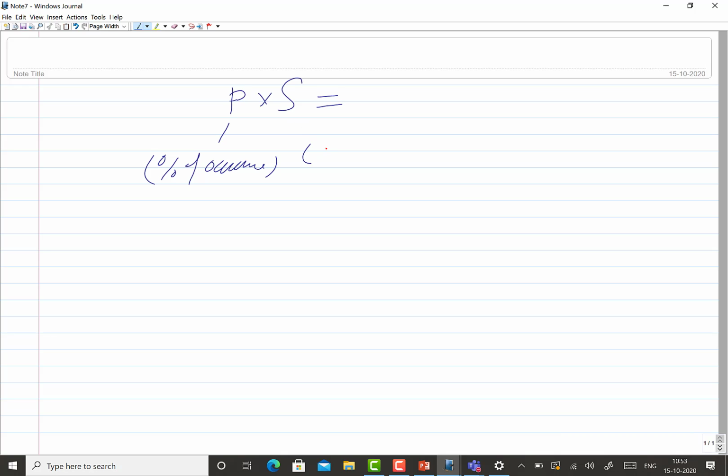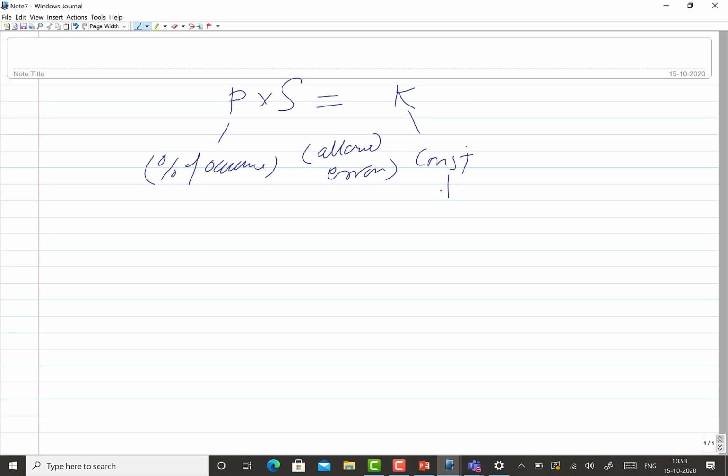S is the allowed or acceptable error. Then K is the constant. What is this constant?